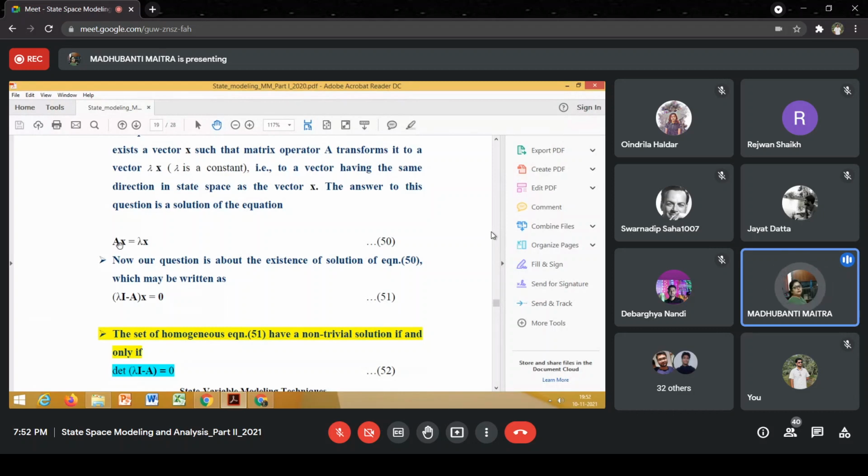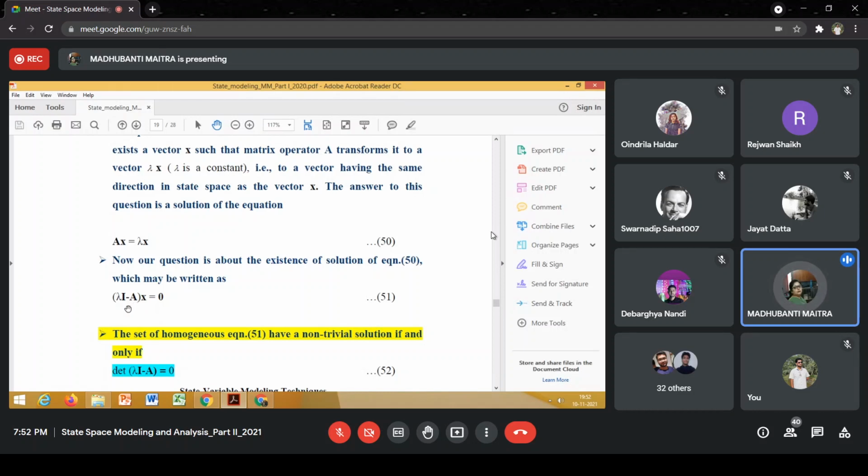Okay. Now this equation, again, just remember sI minus A. After side transposition, this equation can be written with lambda times I, where I is the identity matrix having a dimension n by n, where the dimension of the matrix A is n by n.